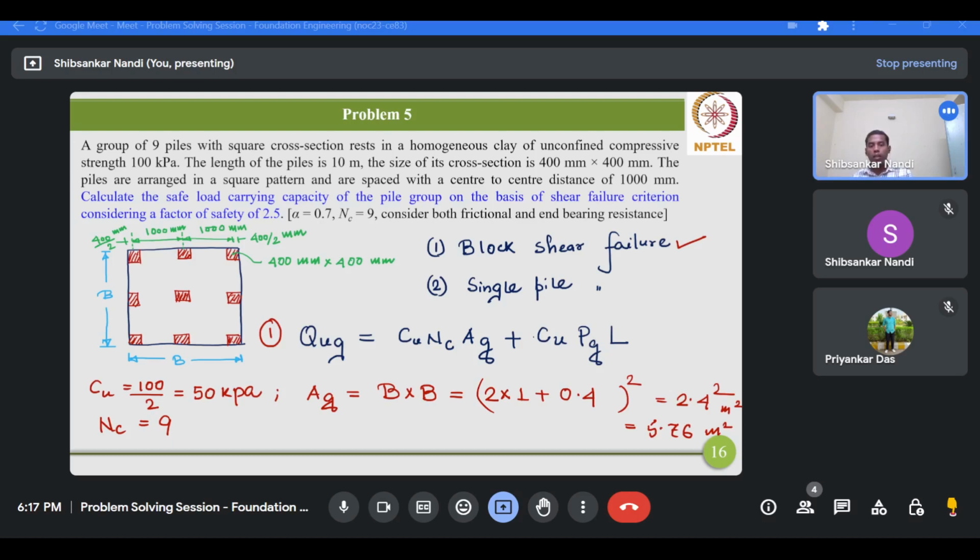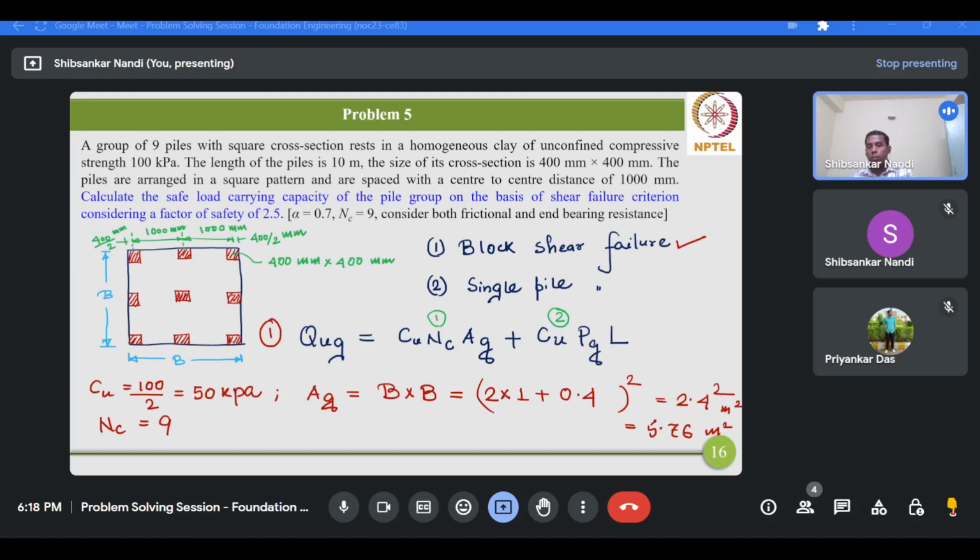Now one thing you can note in this equation, similar to the single pile case, the block shear failure has two components. The first one is for the point bearing part, and the second one is for the skin friction part.